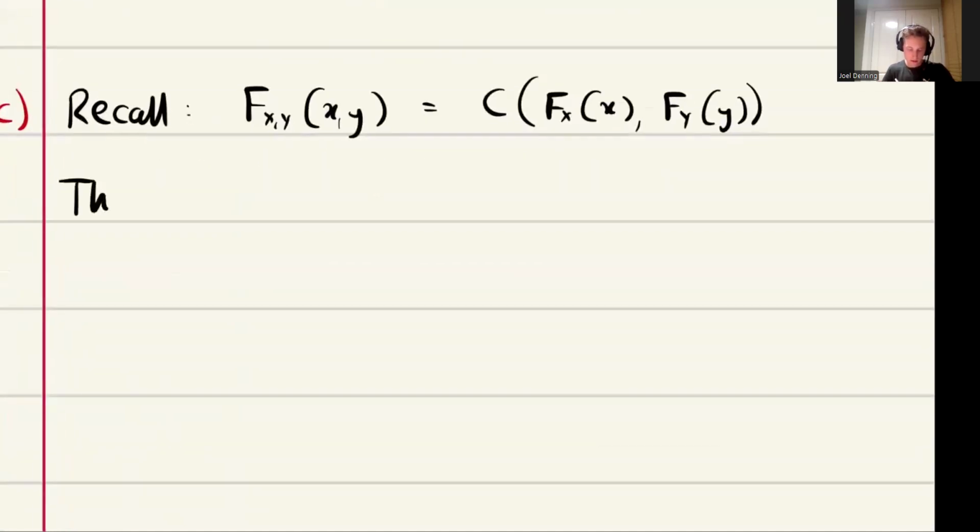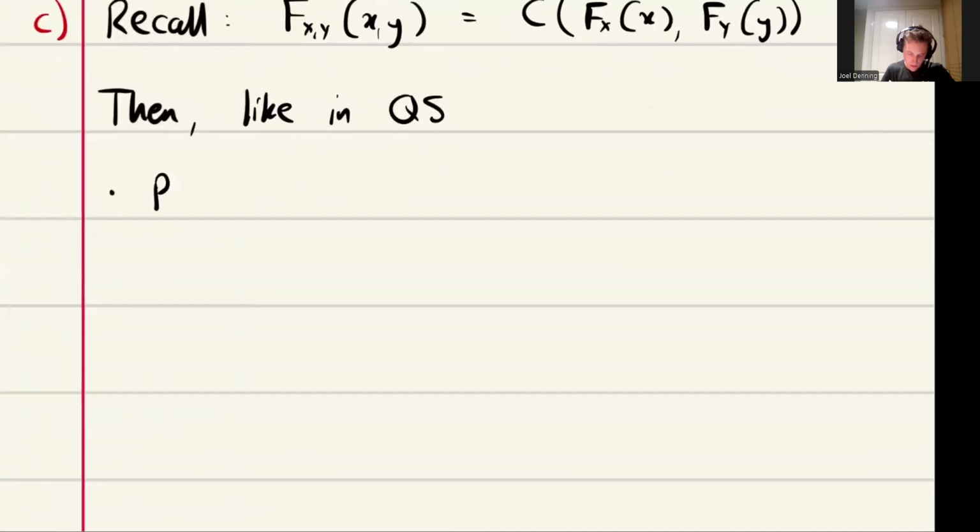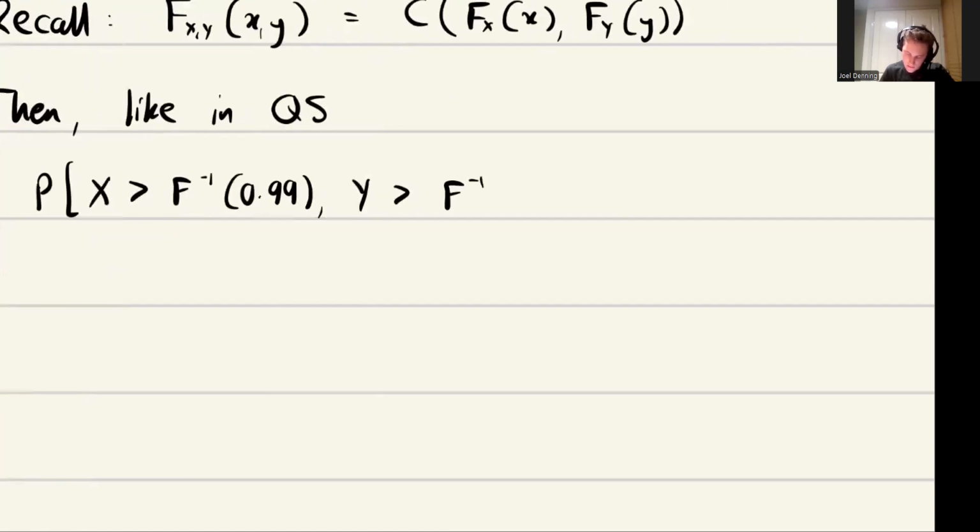Okay, so then, like in question 5, because we've already given ourselves a nice formula for this, right? We have the probability that x is bigger than its 99th percentile and y is bigger than its 99th percentile.